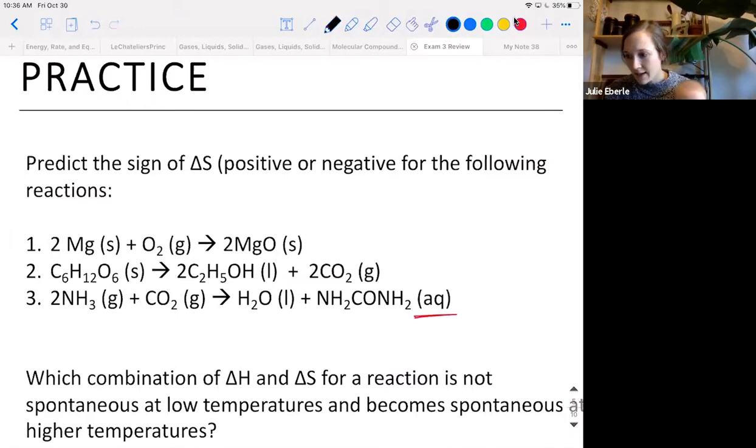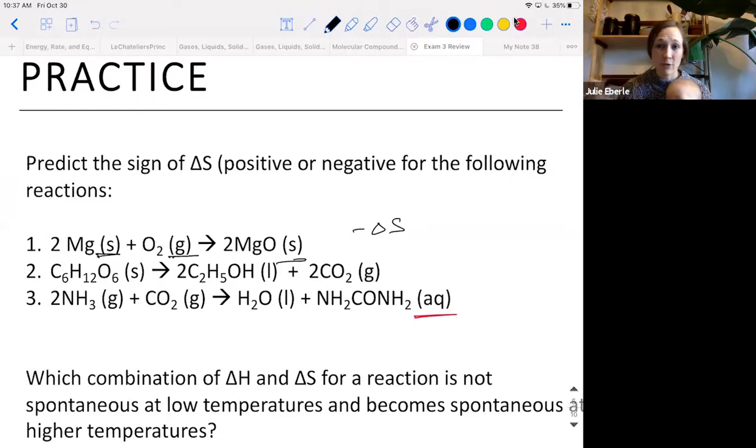Delta S is negative for number 1. Let's see. We've got a solid and a gas, 1 mole of gas, making 2 moles of solid. So it definitely looks like we're becoming more ordered. We have 2 different things on the reactant side, and we just have 1 product on the product side.